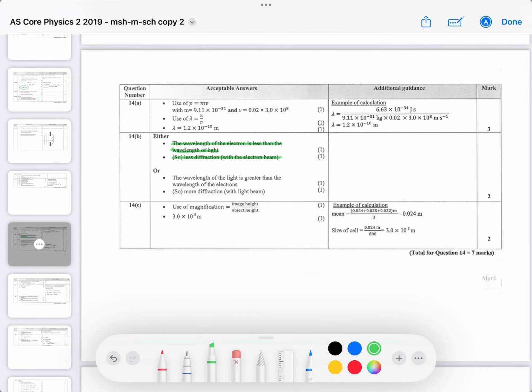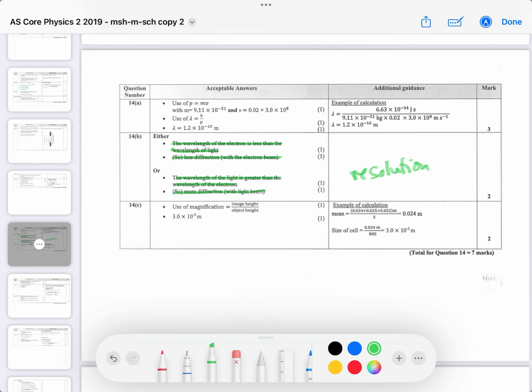Anyway, then they're talking about the wavelength of light being greater than the wavelength of the electrons as part of this answer. So more diffraction. So they want you to use diffraction in this answer, whereas I think we should use resolution.